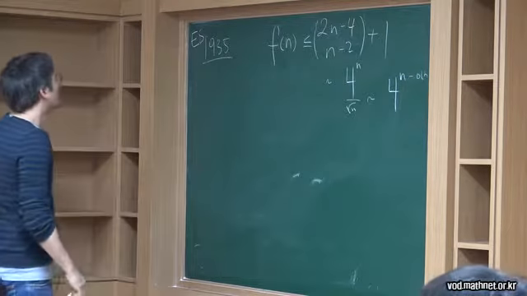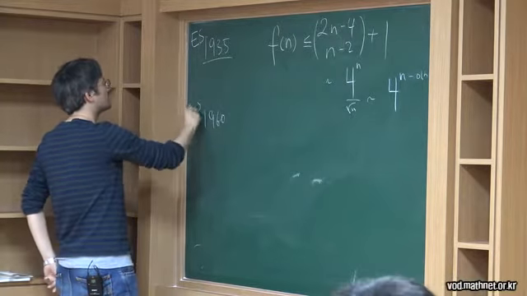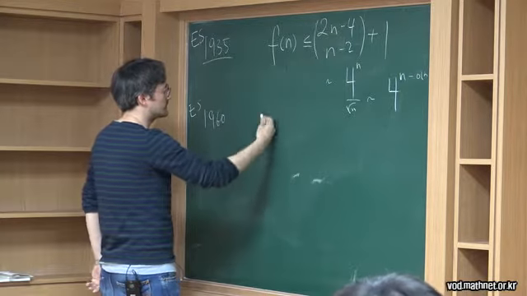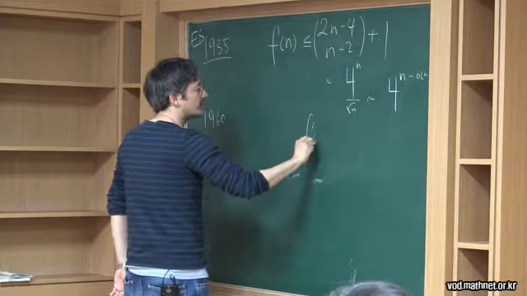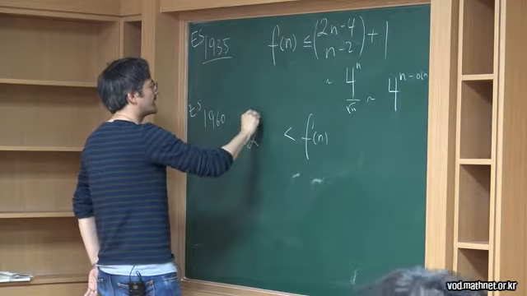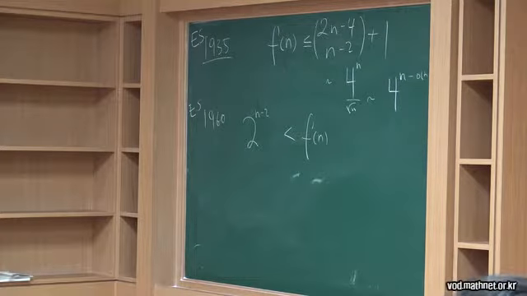Yeah. And around 1960, the same guys showed that f of n is strictly greater than 2 to the n minus 2. And so this gives us a sort of divide in cultures. Some people say that the problem is solved.